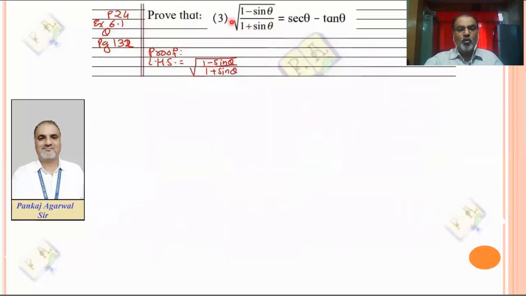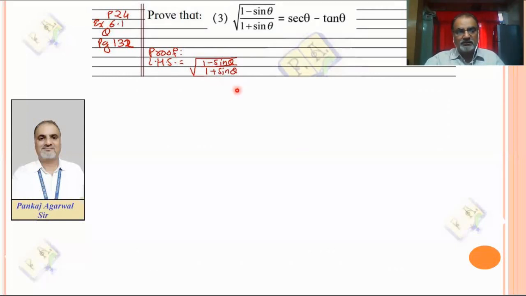Prove that the whole square root of (1 minus sine theta) whole upon (1 plus sine theta) is equal to sec theta minus tan theta. Of course, LHS is much more difficult. So the square root of (1 minus sine theta) whole upon (1 plus sine theta), of course. Now here, the question is already in sine and cos, no squares, so I cannot use any identity.